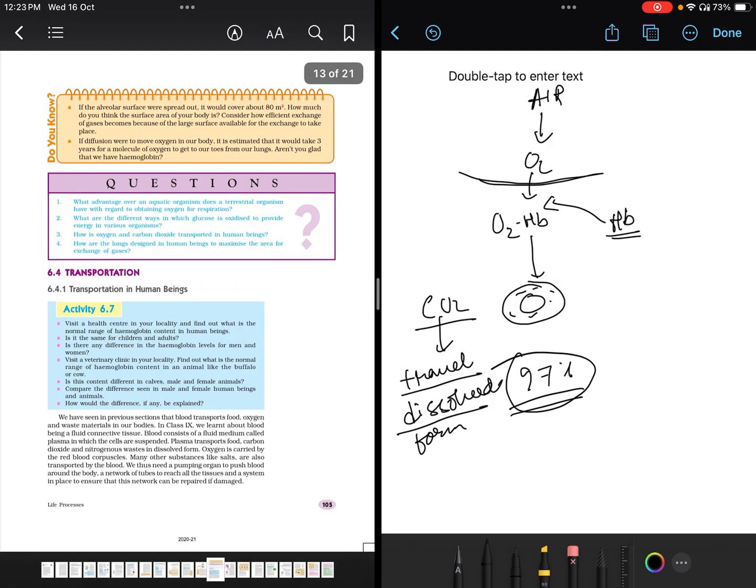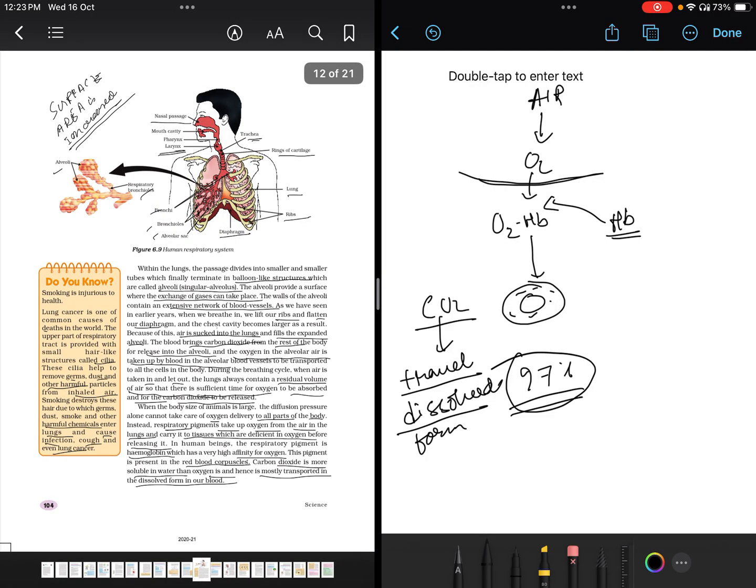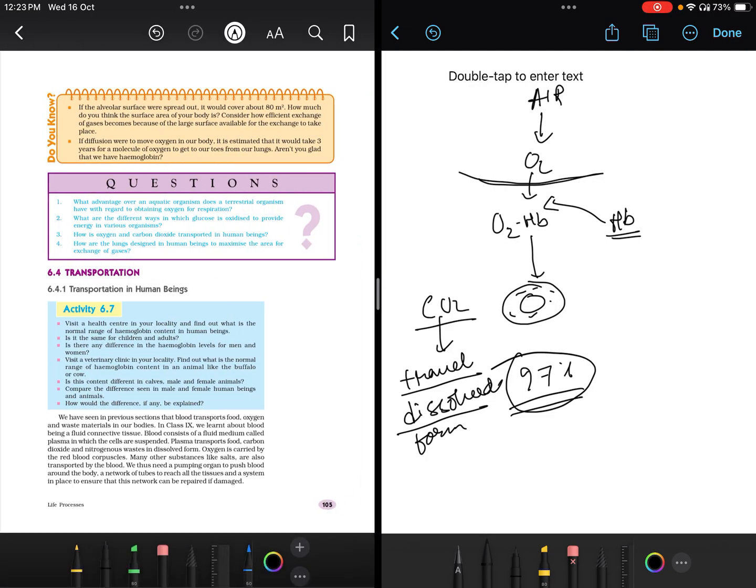Okay. If the alveolar surface were spread out, it would cover about 80 meters square. Just imagine 80 meters square. How much do you think the surface area of our body is? Exchange of gases becomes efficient because of this large surface area available for exchange to take place.